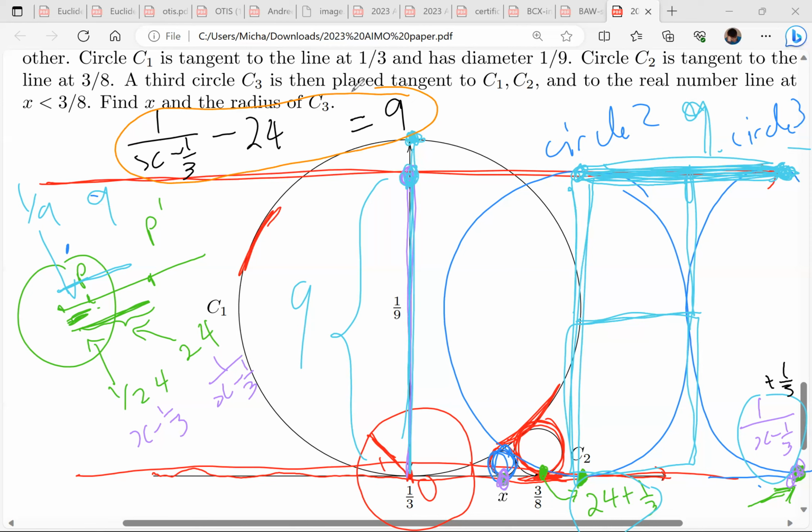Okay, maybe I'll ease your memory a little bit by putting the 24 with the 30, the 33 here. What is x?